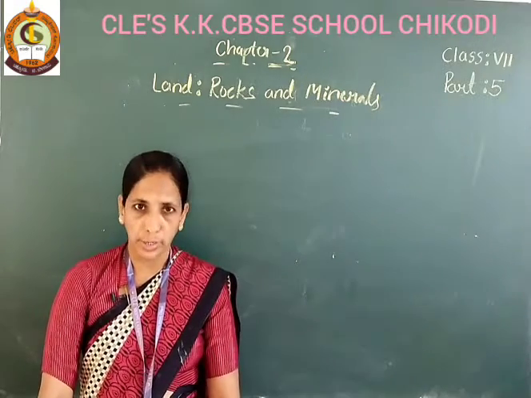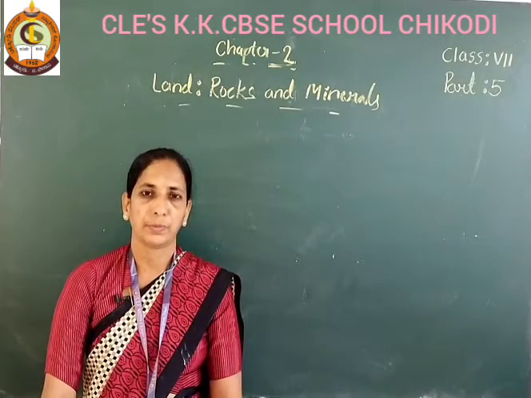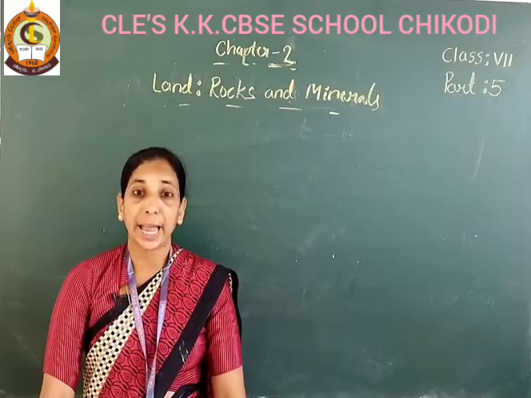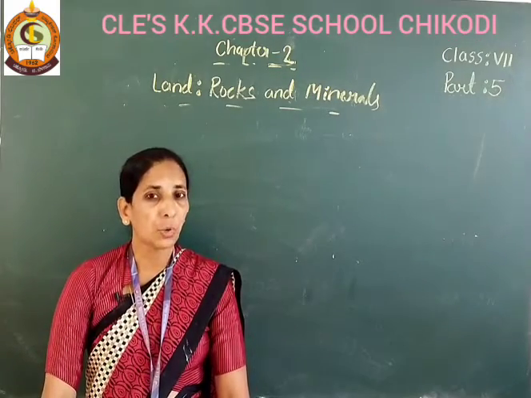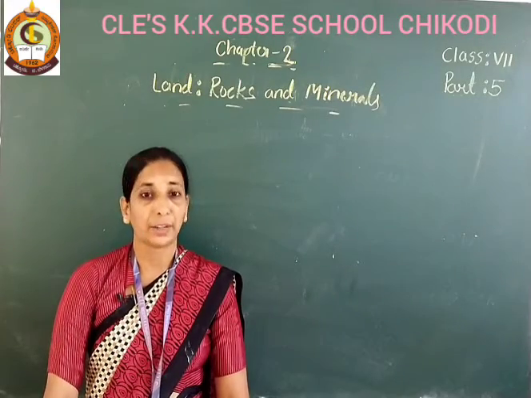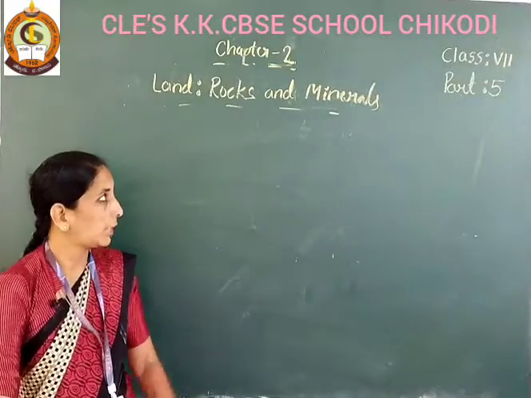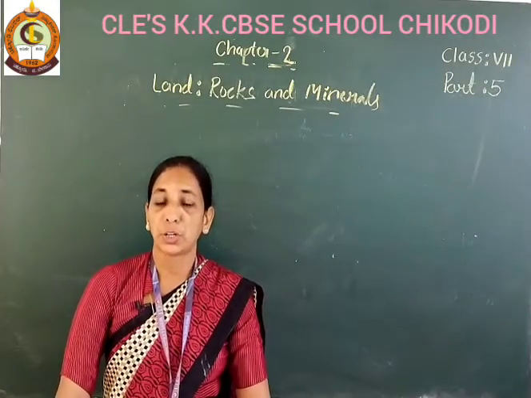The outer core is a solid layer and the inner core is a liquid layer. The outer core is made up of nickel and iron, and the inner core is made up of iron. So we have completed this in the previous part 4, about the structure of the earth.